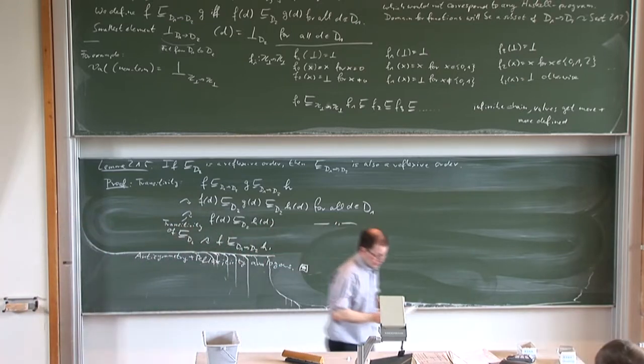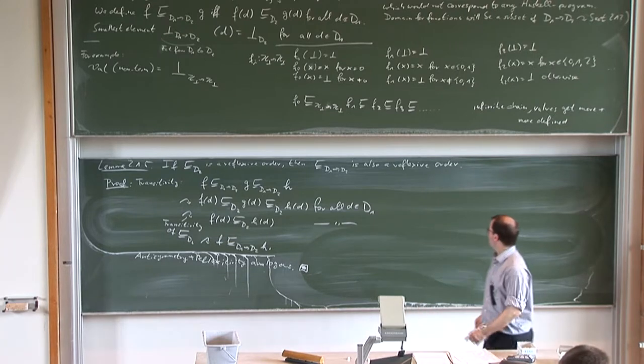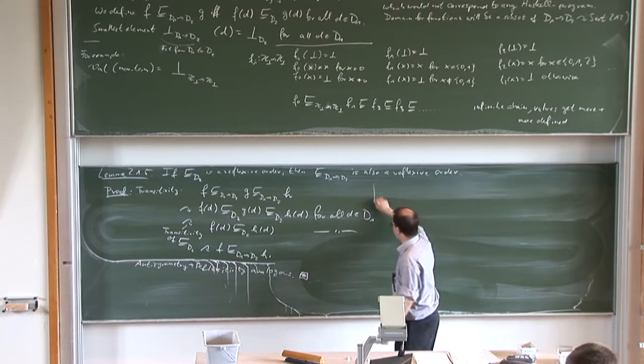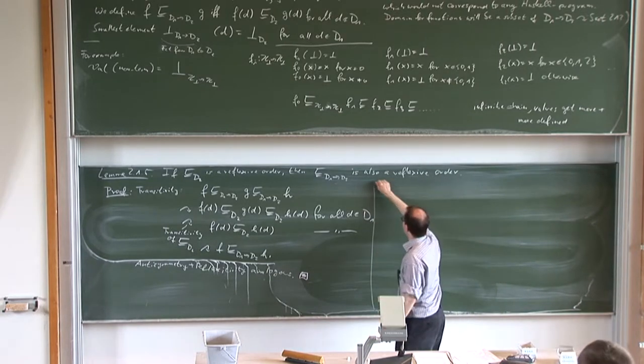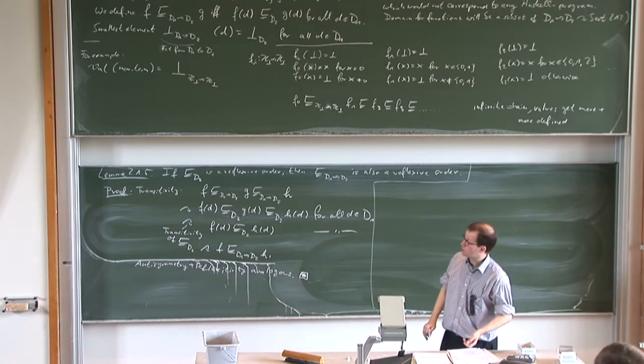Okay, so we now have an idea how to deal with these partial values, and we have an idea how to compare objects where something is partial.